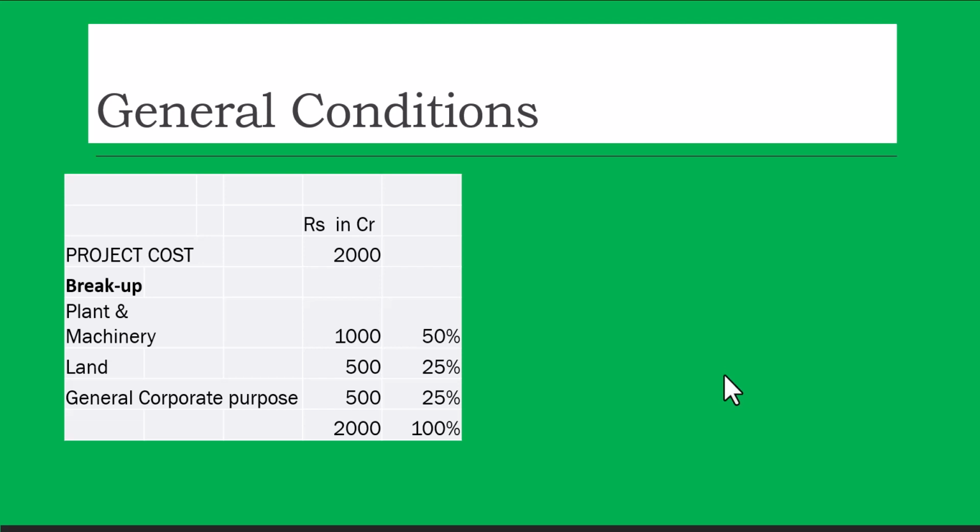The general corporate purpose comes to 25%. Had it been more than 25%, they would have to give a specific purpose for that. They can't keep more than 25% for general corporate purpose.